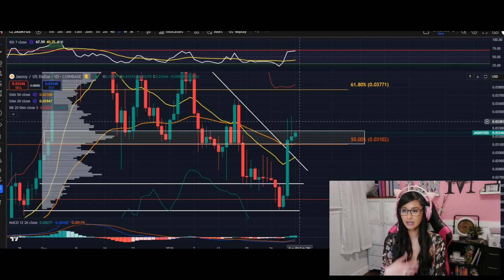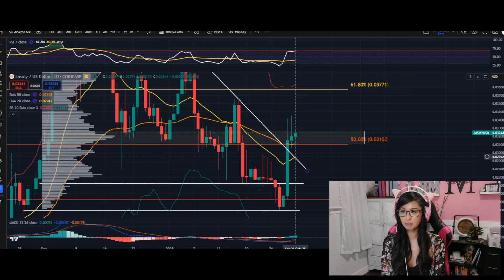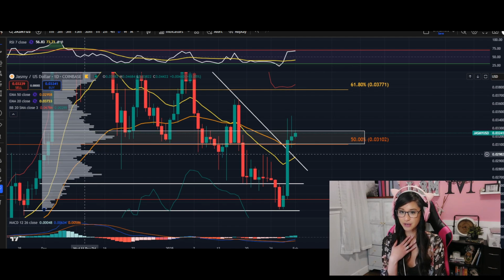Now, again, if we're able to hold above that 50, our next target will be that node. If we're unable to hold that 50%, it is going to be around our 20 moving average, or possibly these two nodes down here at 0.029 would be our supporting factor.